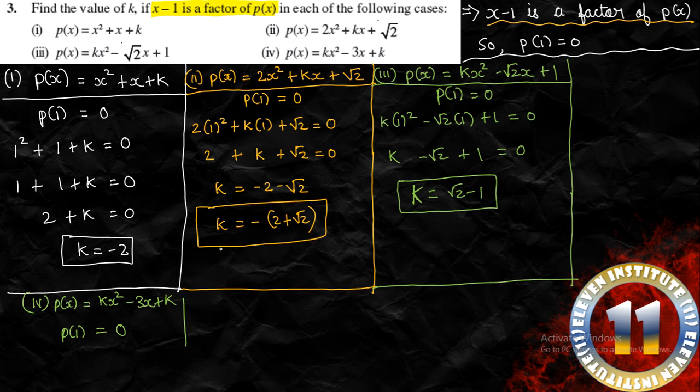Right, so wherever we see x we will put 1 over there, so we can write k into 1 square minus 3 into 1 plus k is equal to 0. So 1 square is 1, 1 into k is k, minus 3 again plus k is equal to 0. K plus k is 2k. Minus 3 goes to the other side and becomes plus 3. 2 will go to the denominator on the other side, and finally we have the answer for k, which is nothing but 3 by 2.